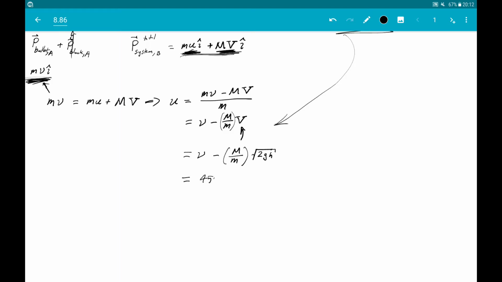Or 450 meters per second minus 1 divided by 5 times 10 to the minus 3 times the square root of 2 times 9.8 times 0.38 times 10 to the minus 2.